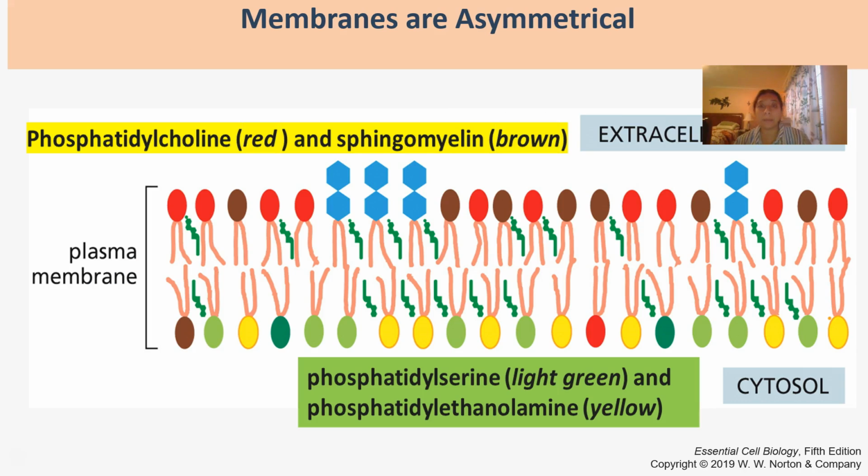Now, when we look at the membranes, we have been talking for quite some time about how it is a lipid bilayer. Well, not all layers are the same in this; both layers of the membrane are not exactly the same. They are actually quite different in their composition of the type of lipids that make up that side.